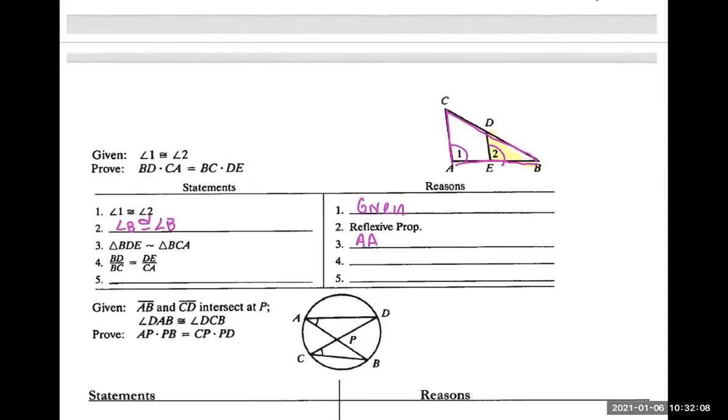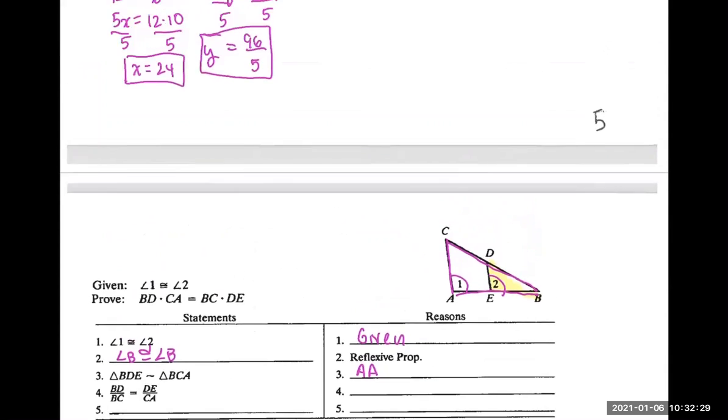So we don't have just one acronym like CPCTC that we can use, but if we know CPCTC, we know that the next step is something similar to that. So this one unfortunately doesn't have an acronym. We just kind of have to spell it out or write it out. So if you take a look at the next step, step 4, you see that they did what we were doing in the application problems above.